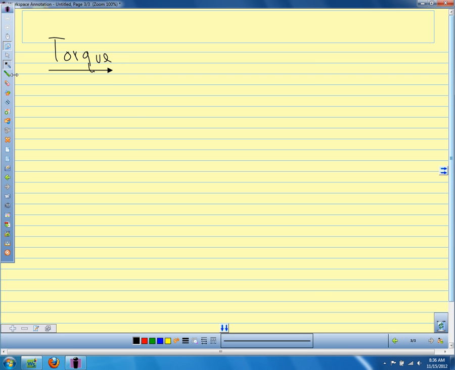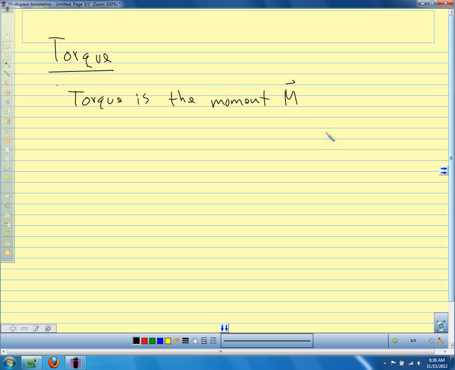So the way we're going to define torque, let me redraw this. The way we define torque has to do with a moment, and we've talked a little bit about moments. So torque is a moment M, and we're going to define torque as a vector of a force about a point.